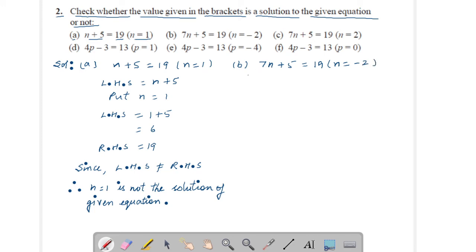Say left hand side, it is 7n plus 5. Put n is equal to minus 2. Therefore left hand side will be 7, here replace n by minus 2, plus 5.